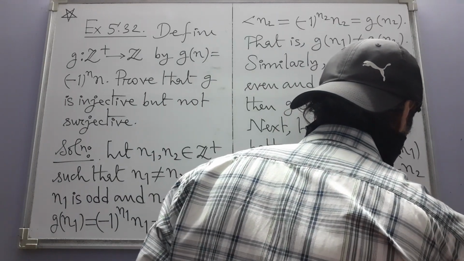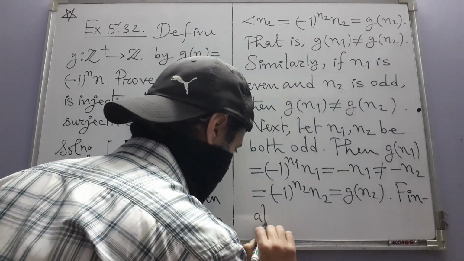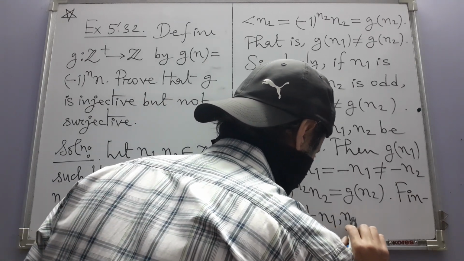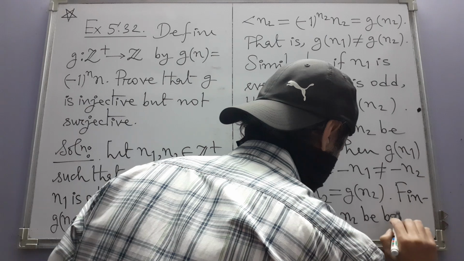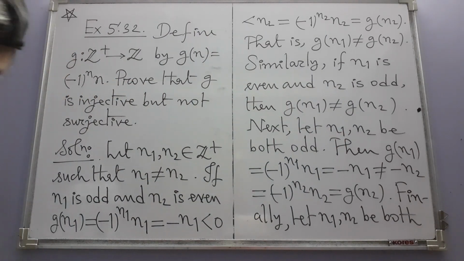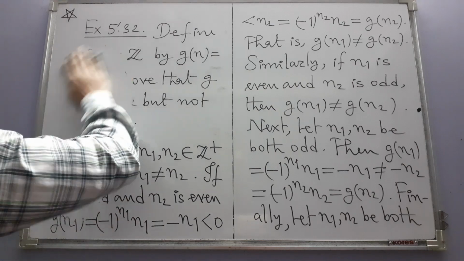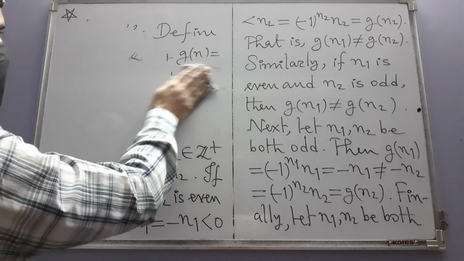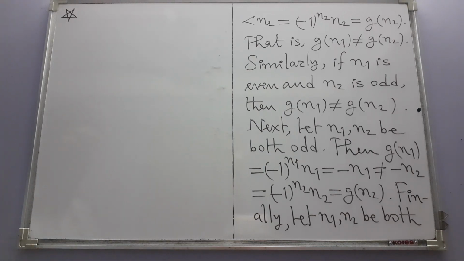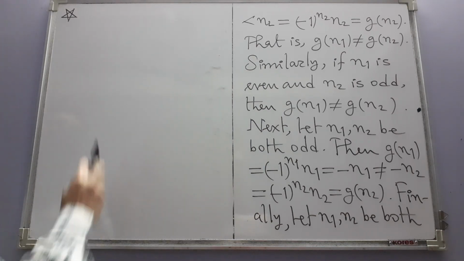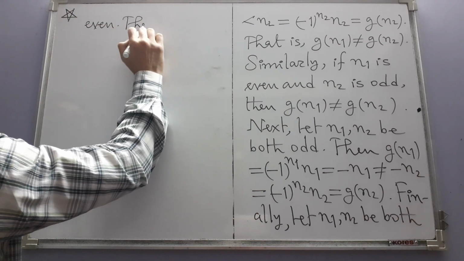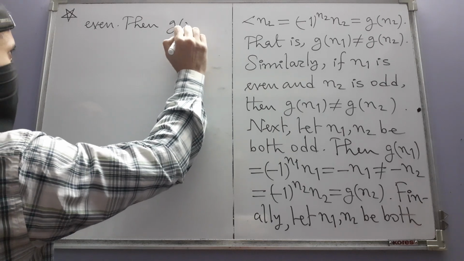And finally, let n1 and n2 be both even, and this is even easier. Then their evenness will give us this calculation.